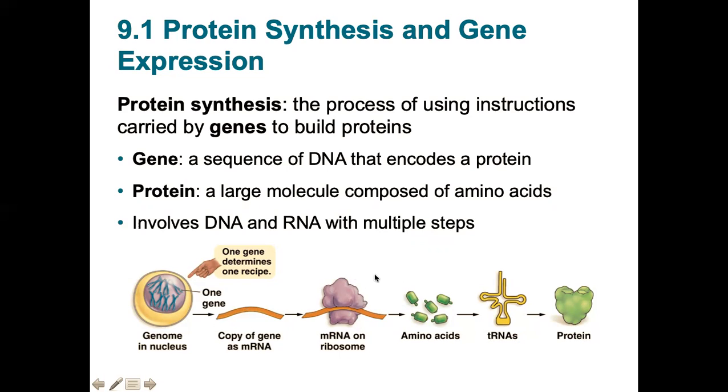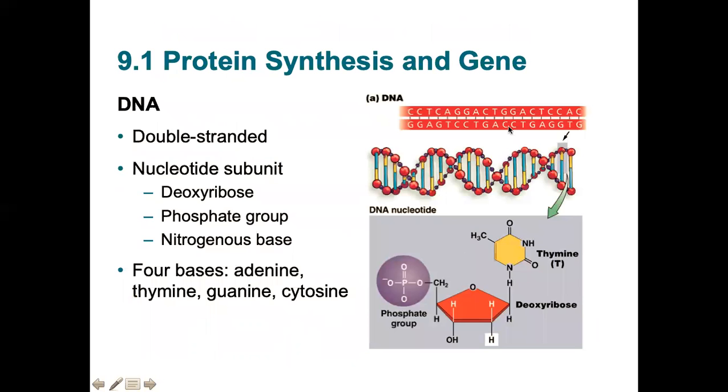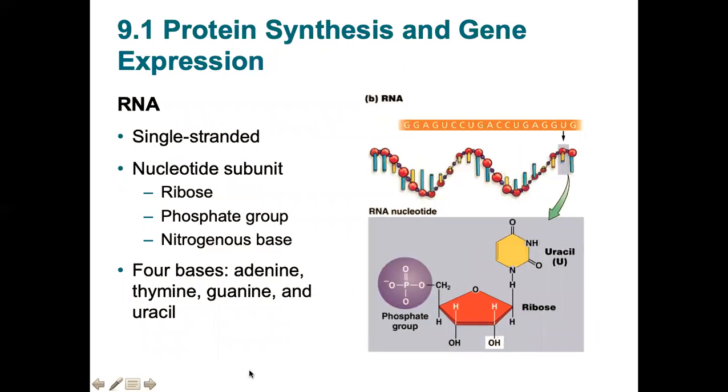This is called messenger RNA. And then that is going to leave the nucleus, and once it's out in the cytoplasm, that messenger RNA is going to be translated into protein. So remember, DNA is double-stranded, and messenger RNA is going to be single-stranded.